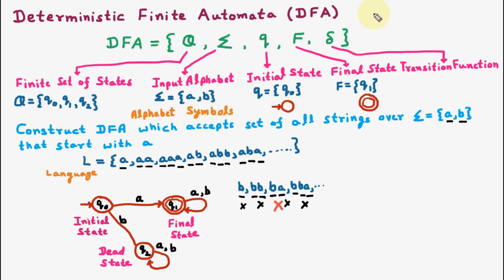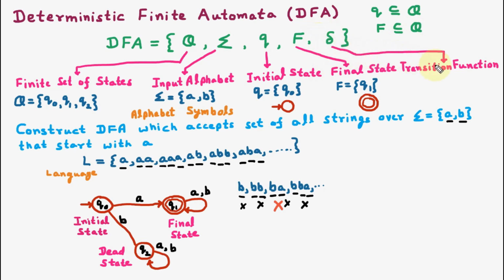So we can say that small q, the initial state, is a subset of capital Q, which is the set of all states. Also capital F, the final states, is also a subset of the set of all states, which is capital Q.